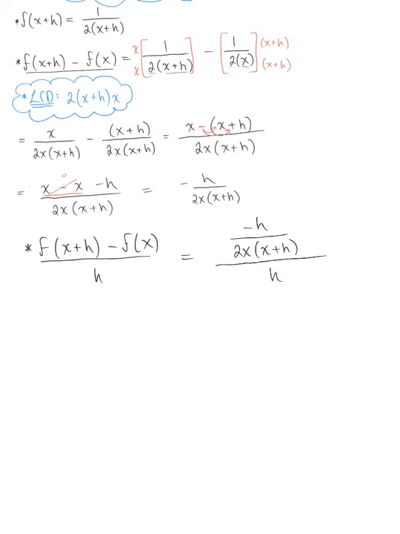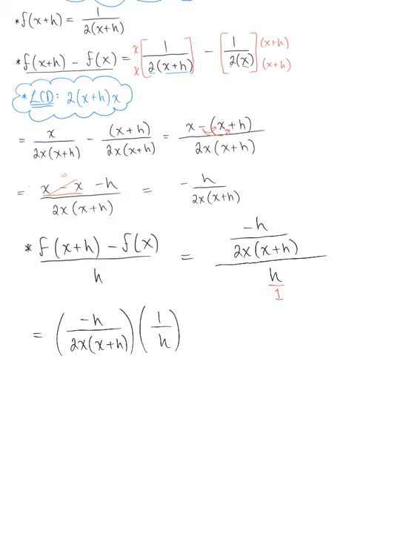So to fully appreciate this cancellation, we want to keep in mind that we can rewrite the h of the denominator as h divided by 1. So when writing it like this, we recall that fractions in the denominator will flip, or we're going to multiply by the reciprocal of the denominator. So the numerator still stays the same. This is negative h divided by 2x times x plus h. And then we're multiplying by the reciprocal of the denominator, 1 divided by h.